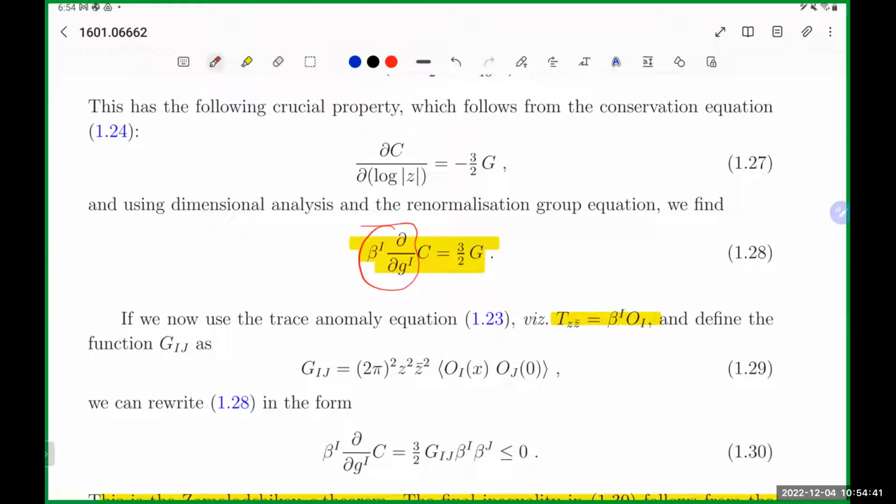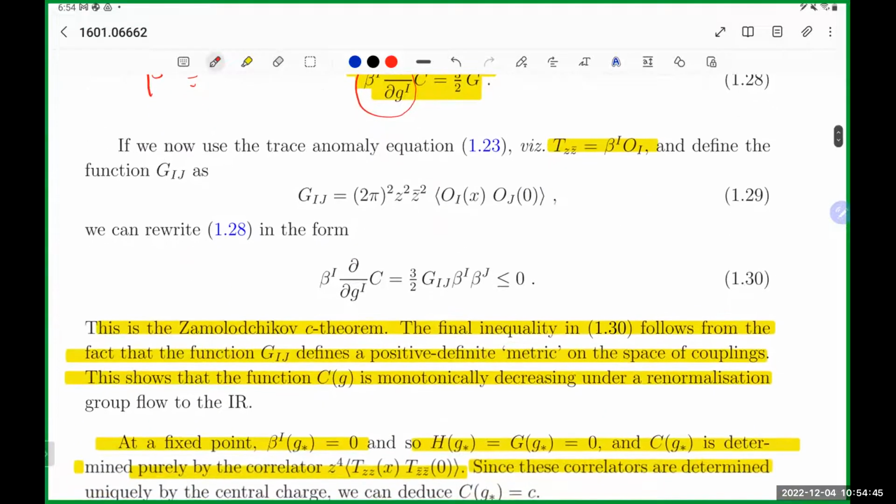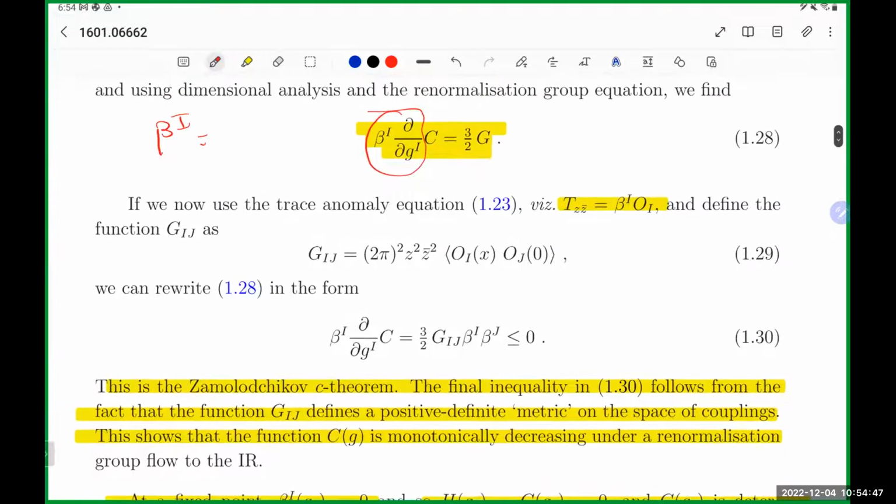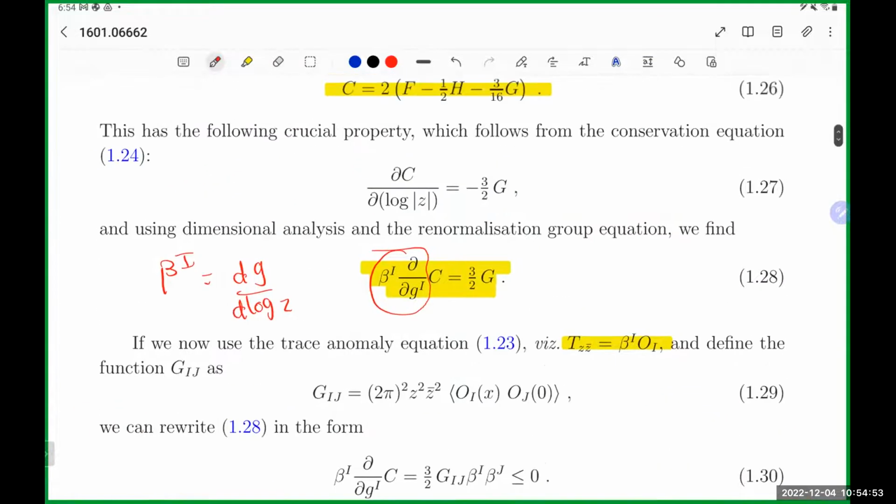Let's see. Beta I here should be dg d log Z, because I think log Z is what is being used as the UV cutoff.